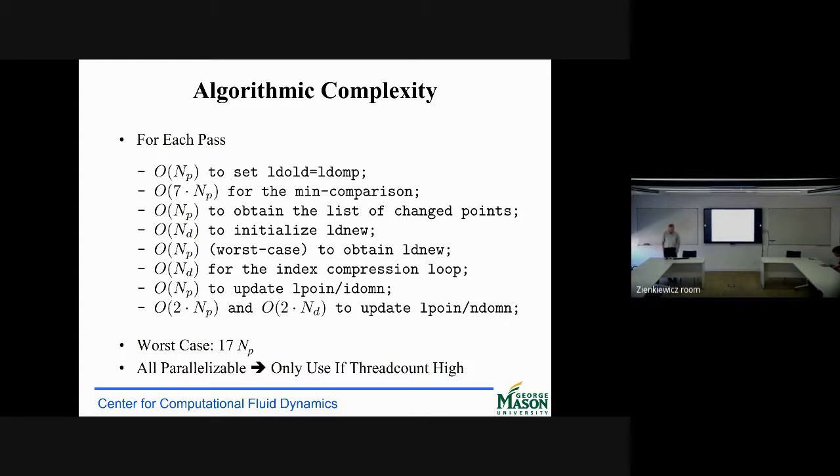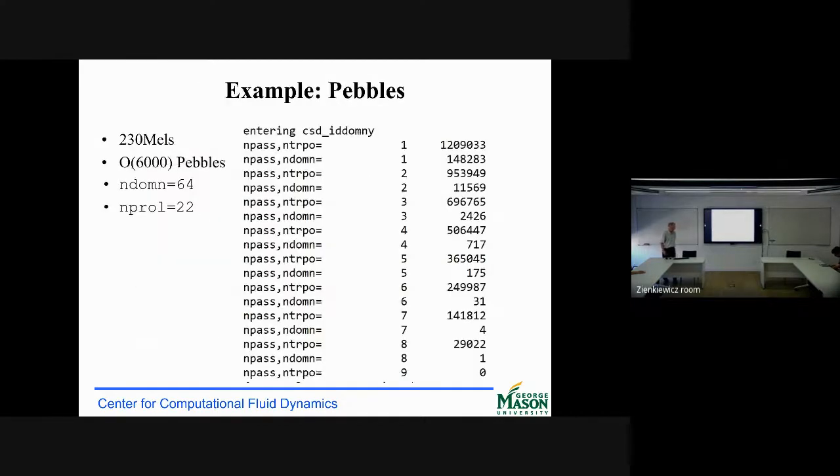And that actually improves the performance of the code for these complex fluid structure interactions quite a bit. This is a typical case here, 230 million elements, about 6,000 pebbles that are floating around there, or objects that are flying. You can see here, in each pass, the number of domains that we identify. So you have 230 million.